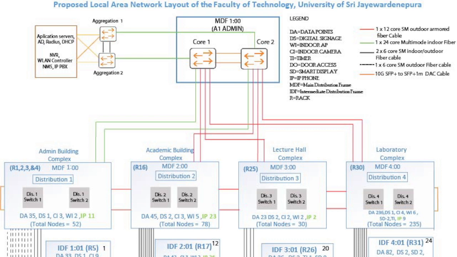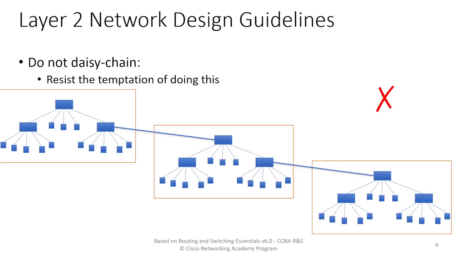So actually speaking, the connectivity between, say, admin building to academic building is much shorter, whereas admin building to laboratory complex is much longer. So if we go through a cascading manner, it would be much easier because we don't need to lay longer cables going through all these places.